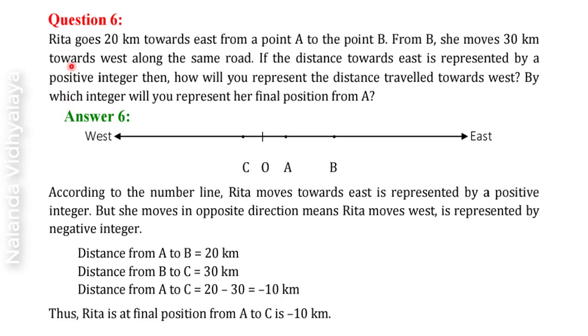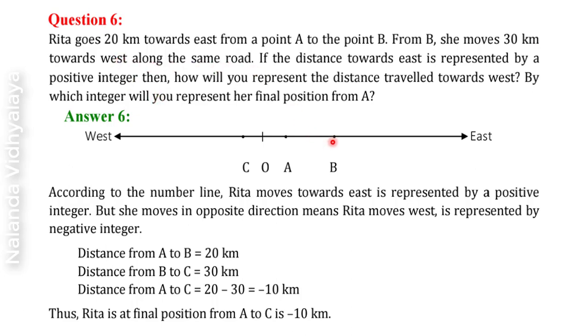Question number 6. Rita goes 20 km towards east from A point. From A point, Rita moves 20 km towards east. East means this side. A to the point B. She comes up to B. From B, she moves 30 kilometers toward the west along this same road.